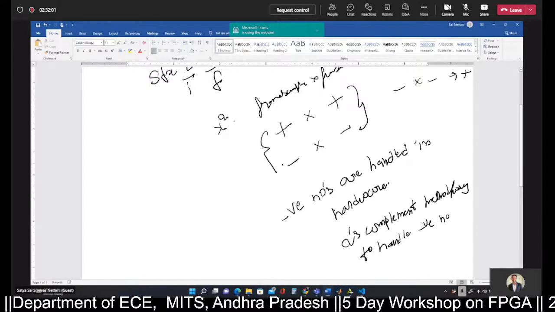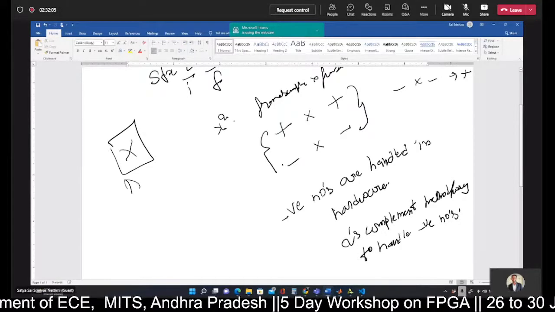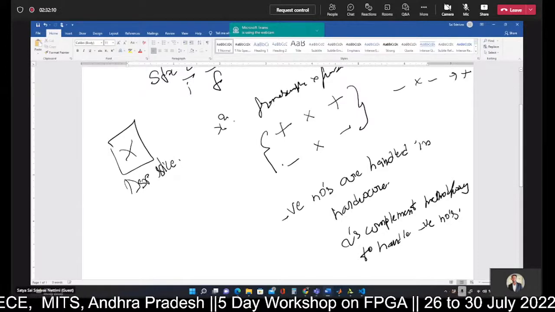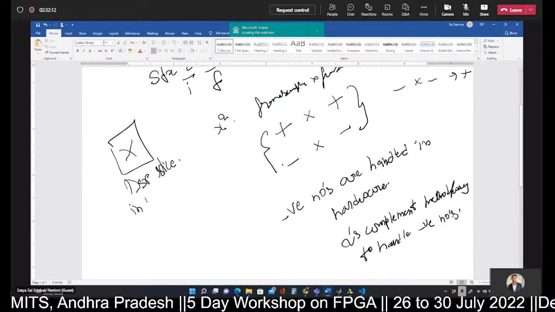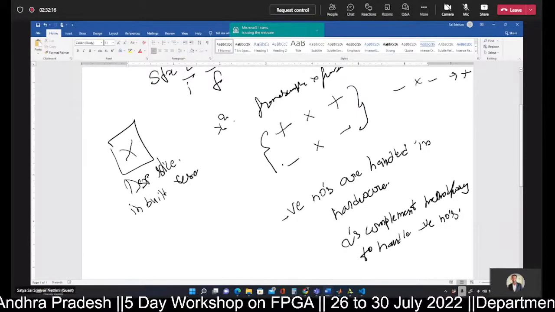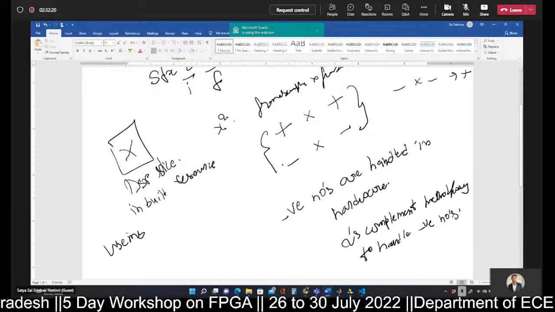The multiplier I am talking about is the DSP slice. It is an inbuilt resource on the FPGA that I am using in our design.